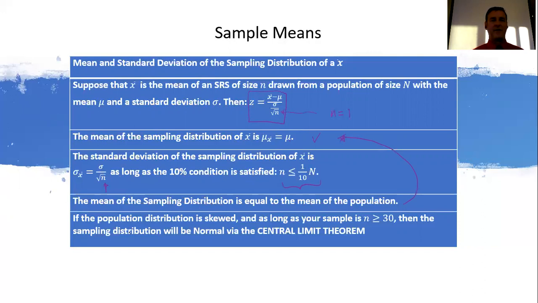And then finally, if your population distribution is skewed, and as long as your sample size is greater than or equal to 30, then your sampling distribution will be normal by the central limit theorem. So here's what it's saying.